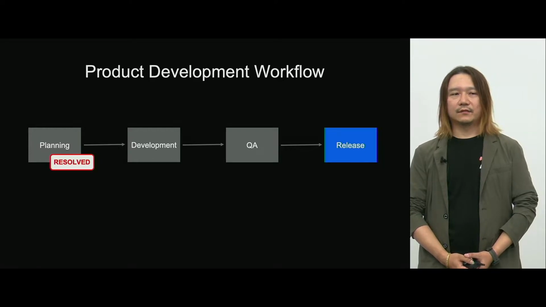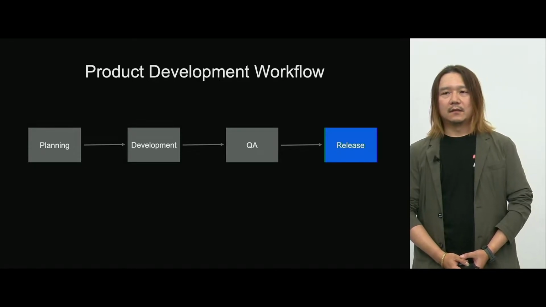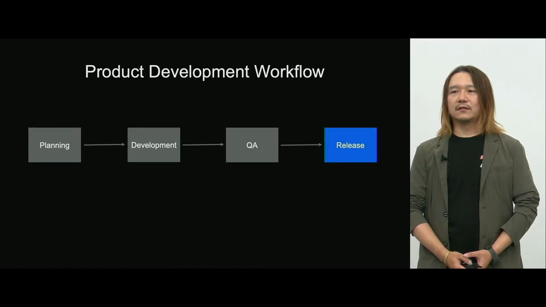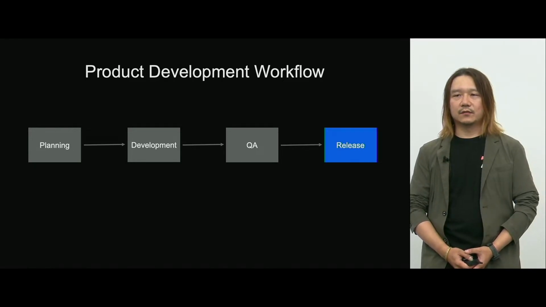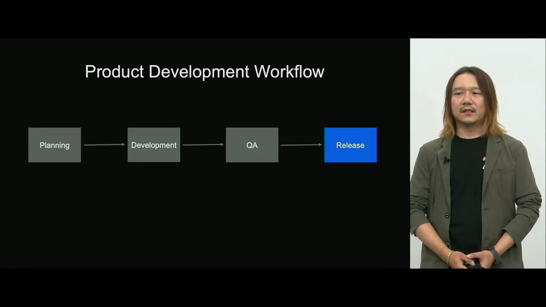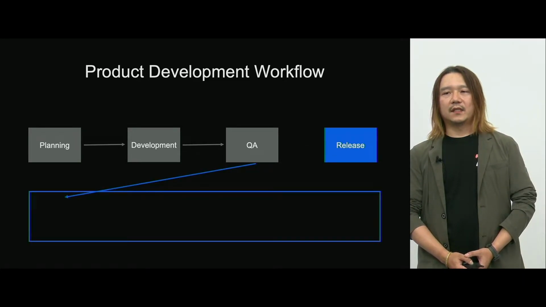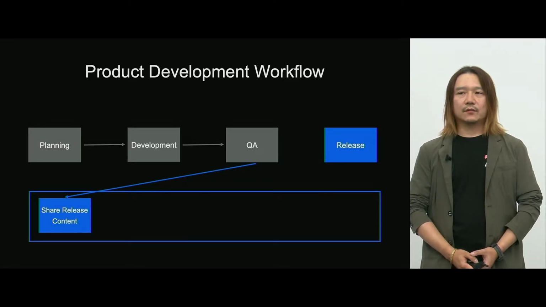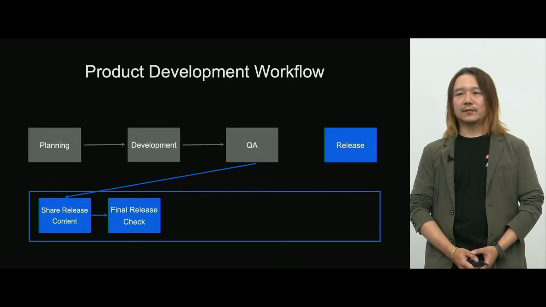Next, putting aside development and QA, I'd like to focus on release for now. As for the release process, multiple teams are working, involving global members. In order to avoid gaps in understanding, announcement, sharing, and checking were added. Prior to release, we have to share what is going to be released with the pertinent teams.